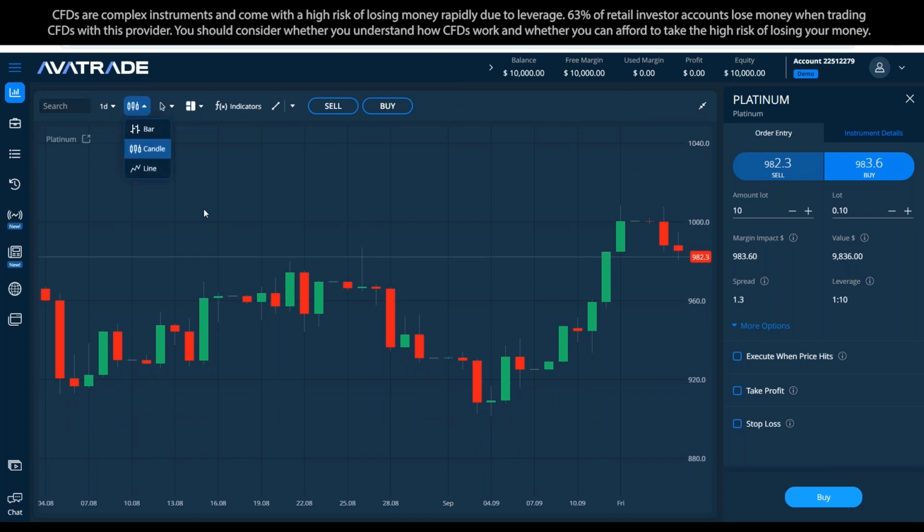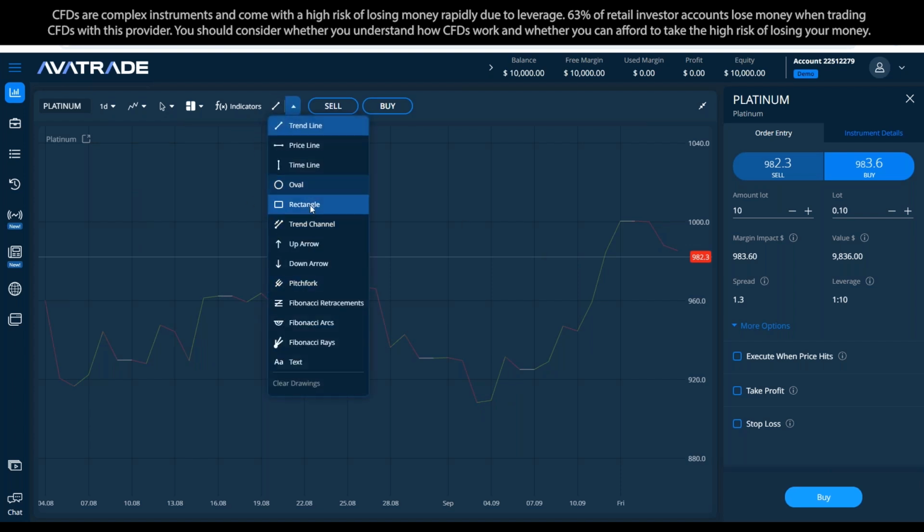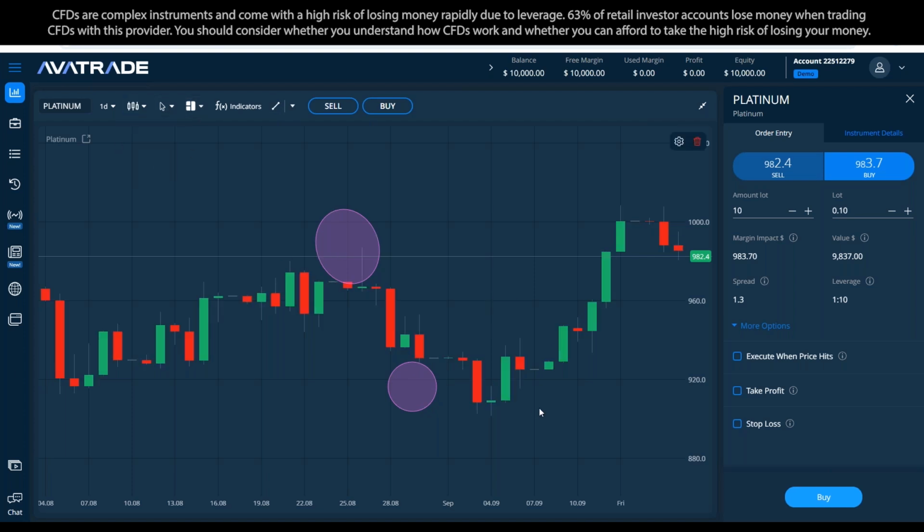If we don't like the candles, we can just go with a line. But of course, we understand that if we go with a line, there are some things we might miss in our analysis, which we can't see with the line.